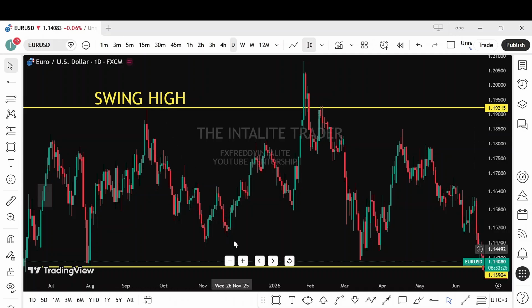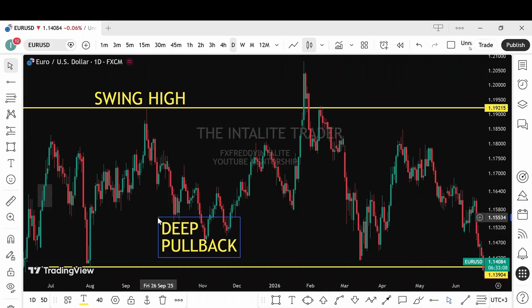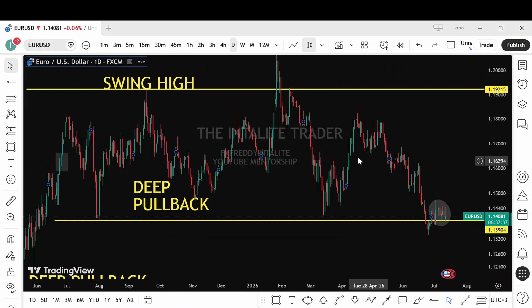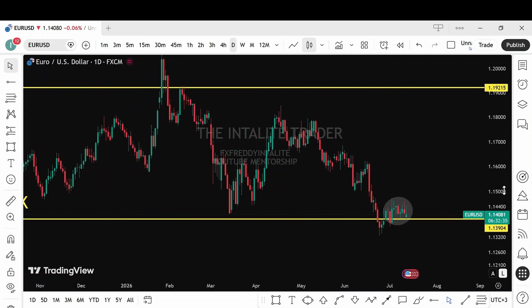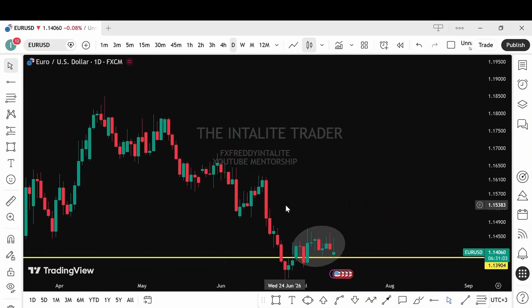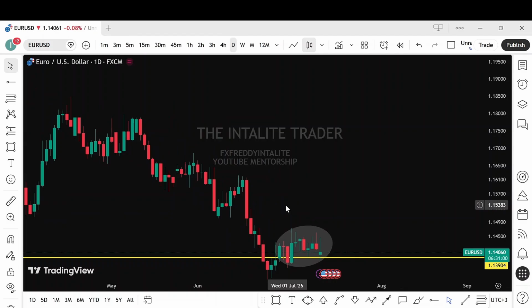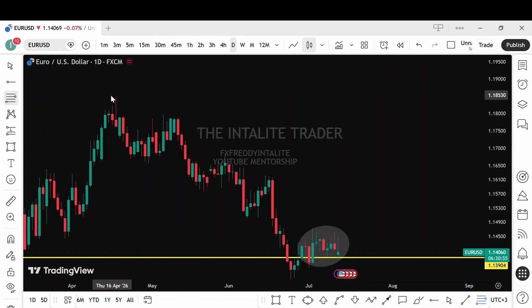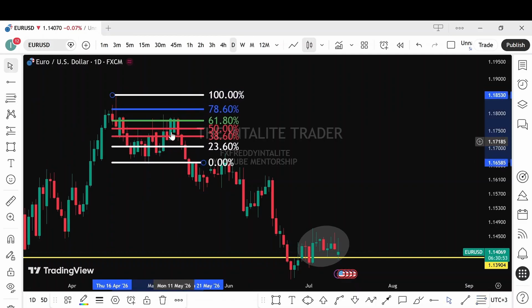So this is also a deep pullback. So in the future, if you hear me refer to deep pullbacks and shallow pullbacks, this is it. So let's also look at a downtrend. Assuming we are considering this move here, from this swing high to swing low, we have a pullback into the 61.80 level and then price sold.